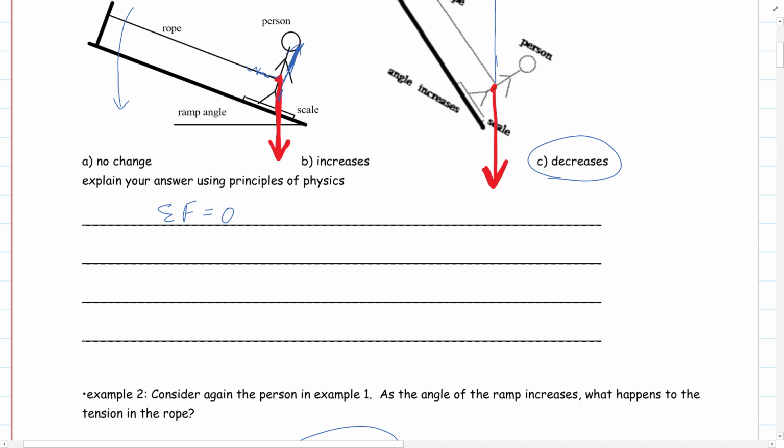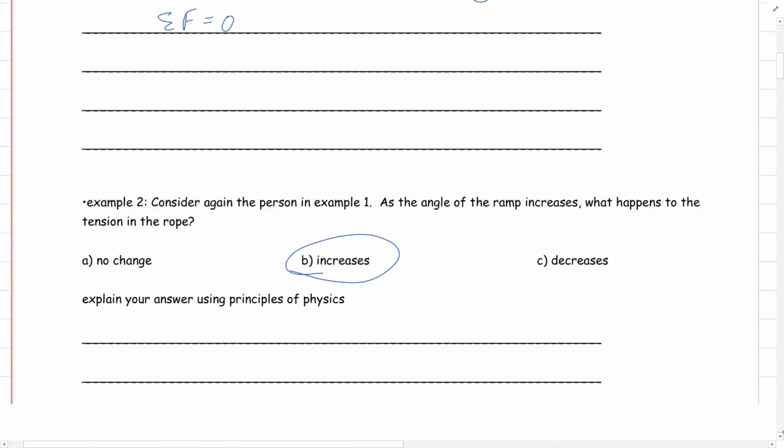But here the scale is going to be pushing in this direction and it can't really do much to countermand that. That has to be this force which is going to be countering it. So the rope is going to be taking over as it increases.